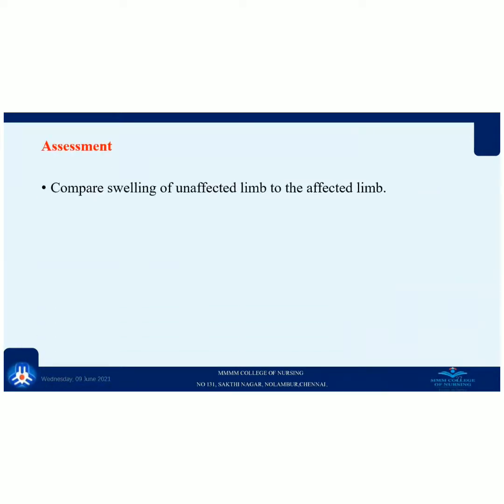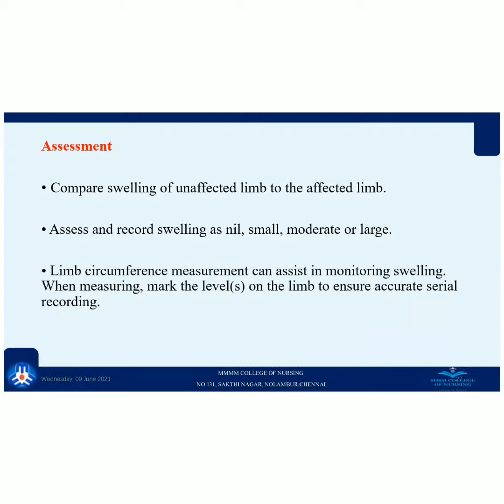Coming to the assessment of edema, compare swelling of the unaffected limb to the affected limb. Assess and record swelling as nil swelling, small, moderate, or large swelling. Sometimes we may have to take the limb circumference measurement in monitoring the swelling.